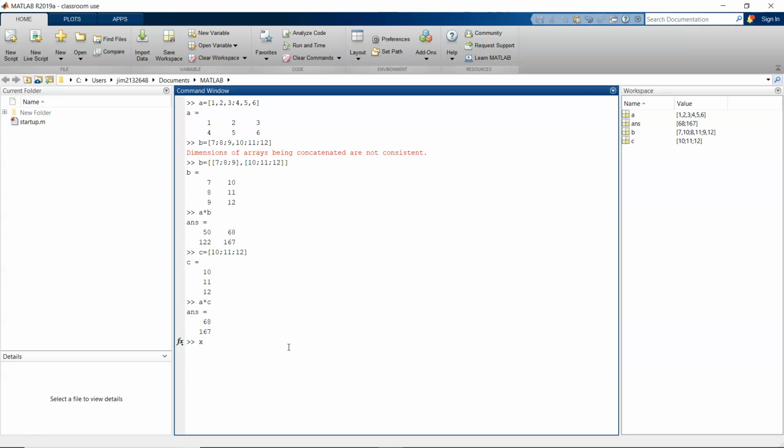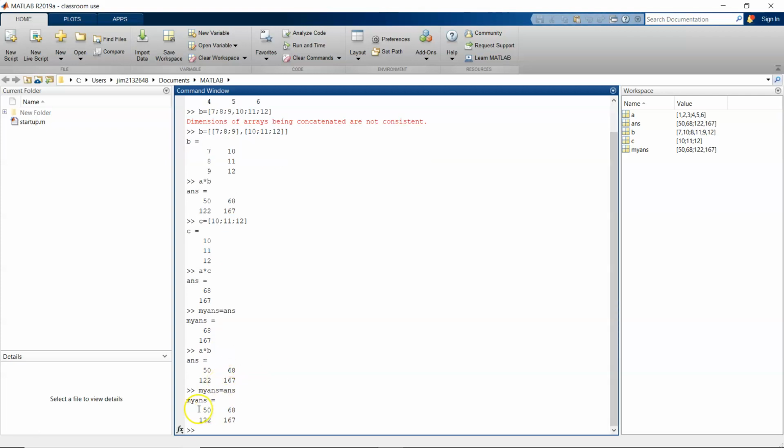Let's go my answer equals answer. This variable answer is just going to get overwritten all the time. So we've already multiplied A times C equals the answer. Let's make A times B equal the answer. There we go. So now we have this.